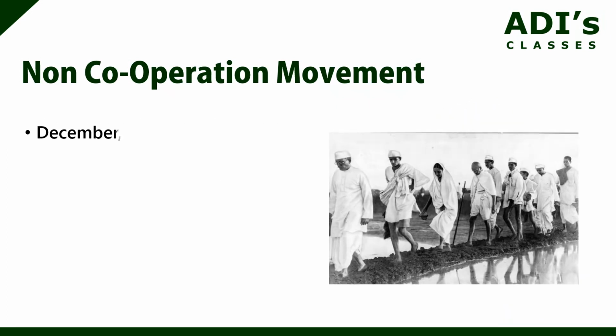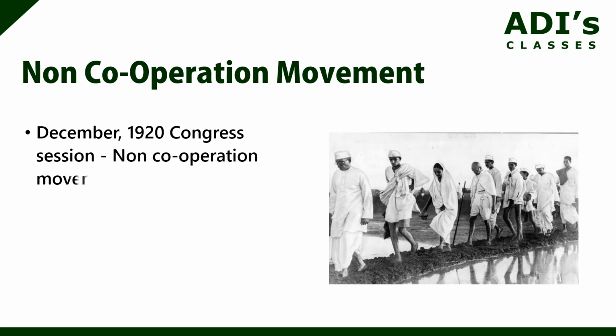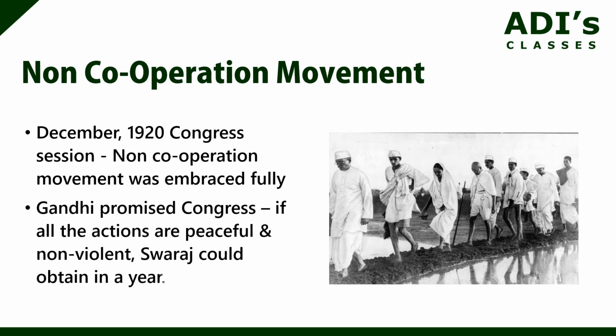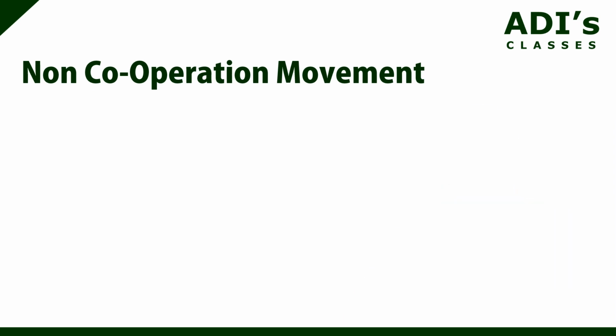In the December 1920 Congress session, the non-cooperation movement was embraced fully. Gandhi promised Congress that if all of the above actions were taken in a peaceful and non-violent manner, Swaraj could be obtained within a year.